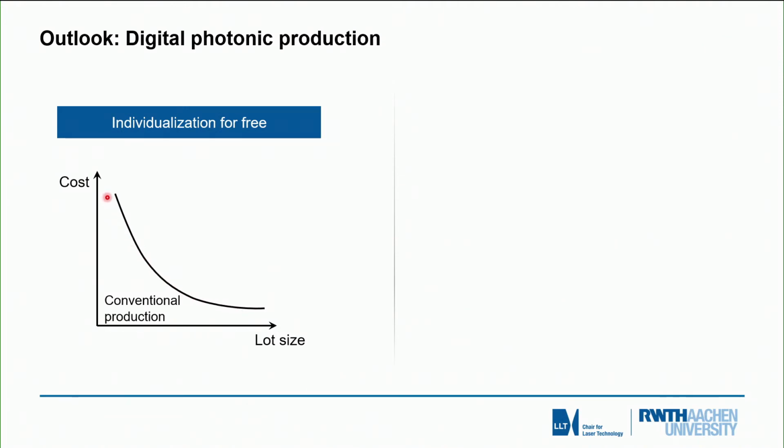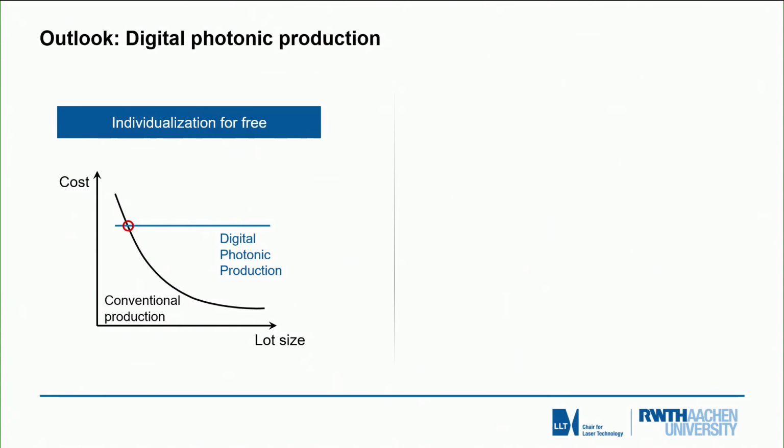However, if we look at laser processes, we realize that it is very different, because we have in first order no dependence on the lot size. If you think about laser cutting, it doesn't make a difference if you cut one part or 100 parts, considering the cost per part, because you do it subsequently. The advantage is there is no lot size dependence on the cost.